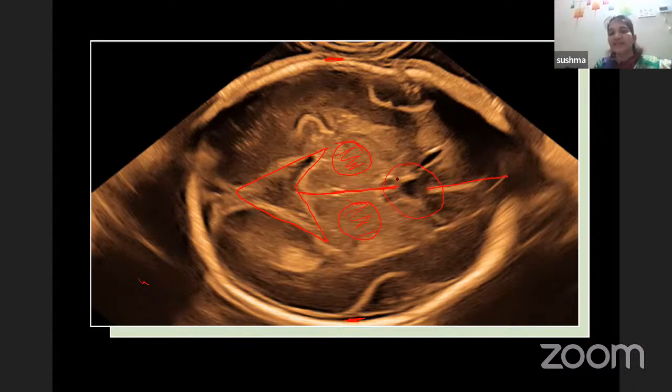This area has a rectangular structure. This is CSP, that is cavum septum pellucidum. In further slides, we'll keep discussing about CSP. This is a very important structure and we'll discuss why it is important. So these are the landmarks of transthalamic plane.